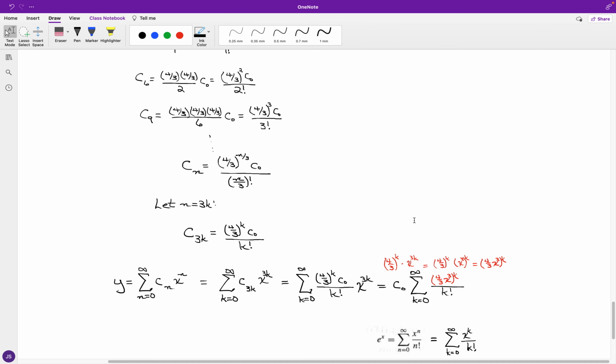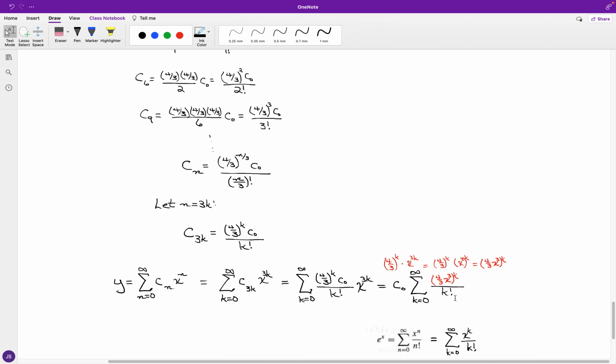With the power properties of exponents, for x to the 3k, I can say that is x cubed raised to the k, and I can cluster together 4/3 and x cubed, where 4/3 to the k times x to the 3k can be expressed as 4/3 of x cubed raised to the k power.